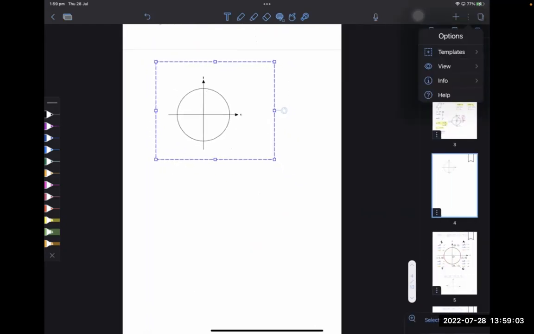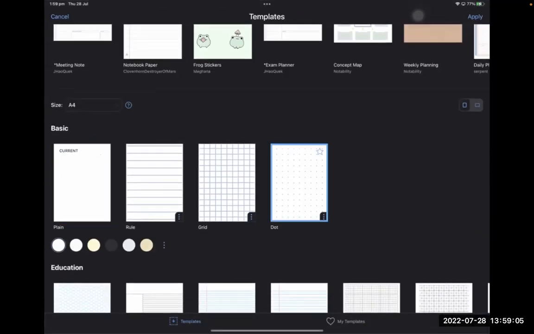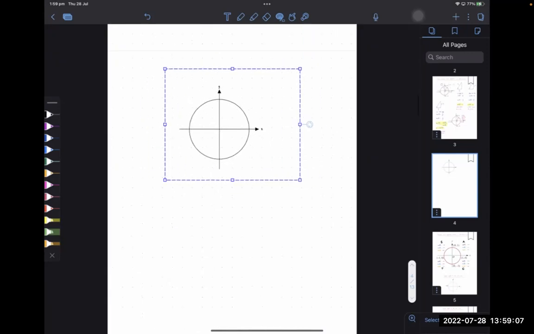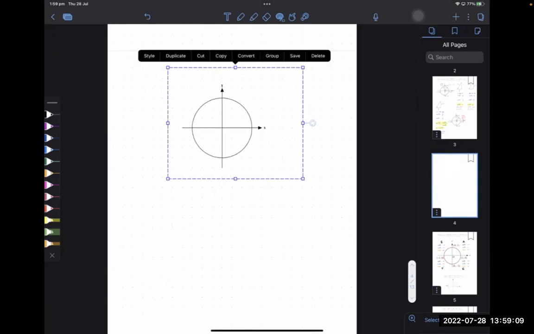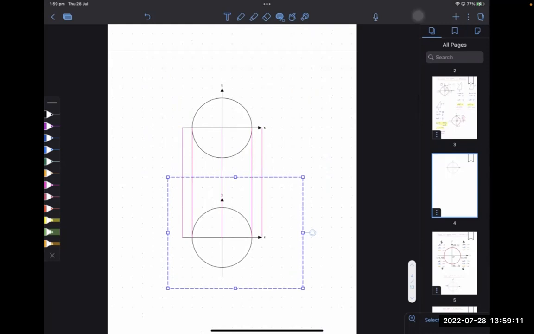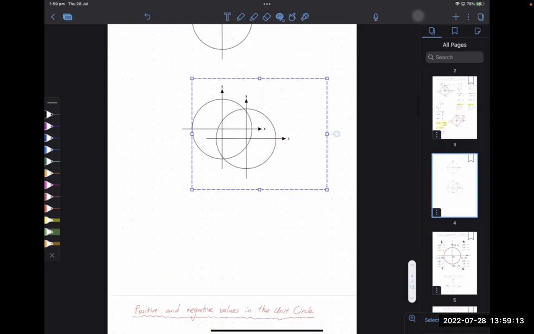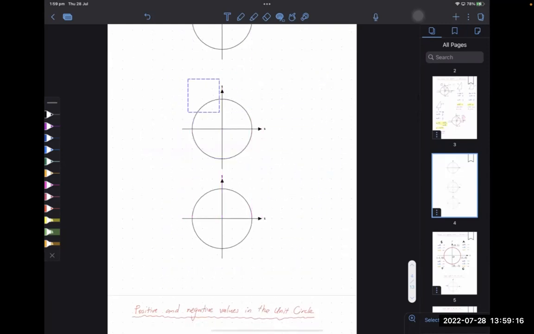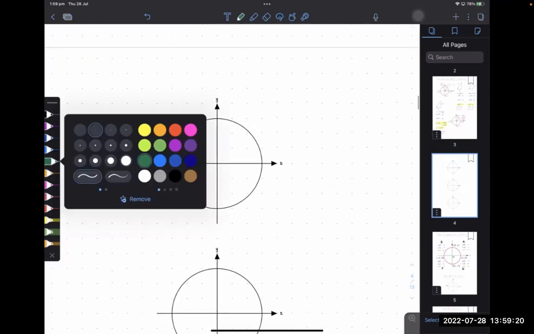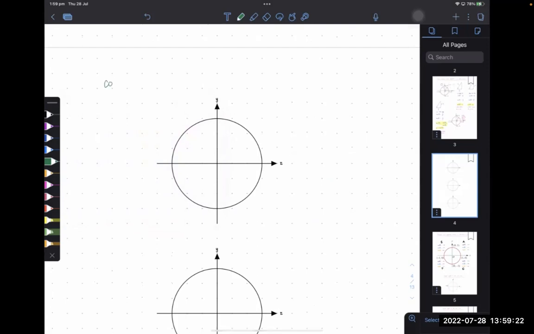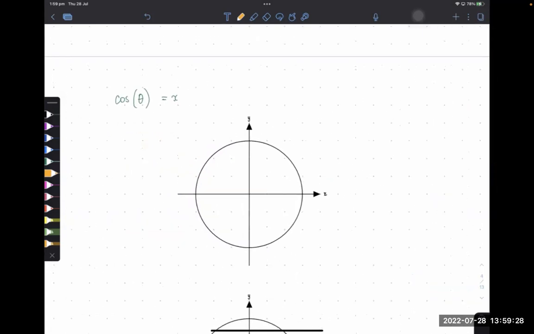I'm going to create 3 circles because we're going to explore sine, cos, and tan. So cos, that's our x value.